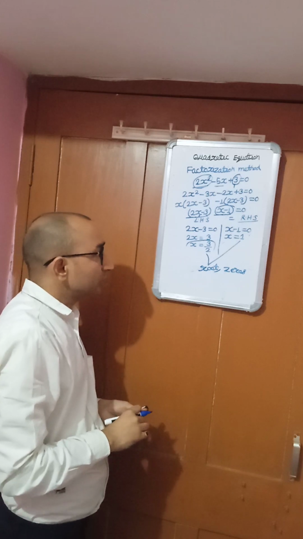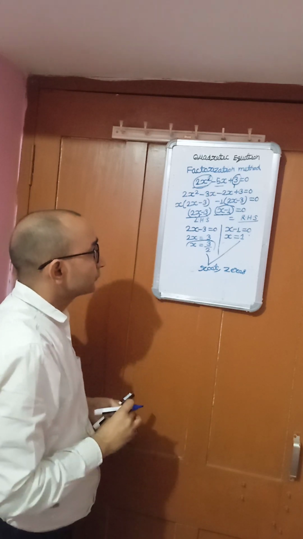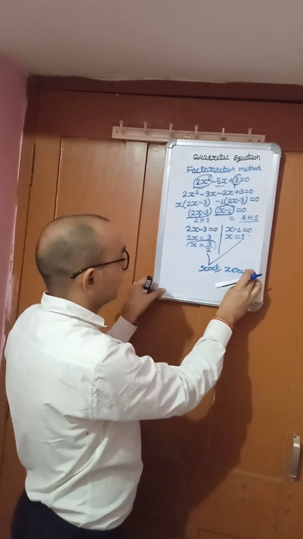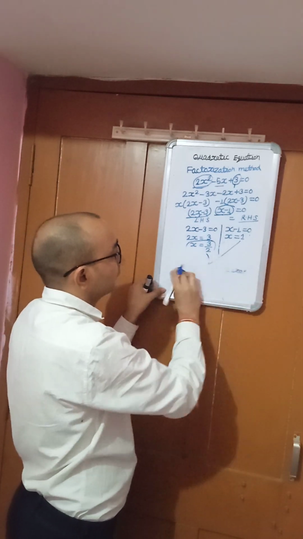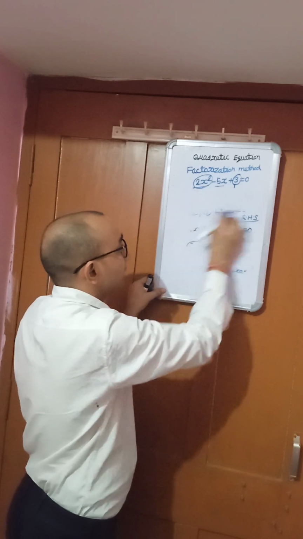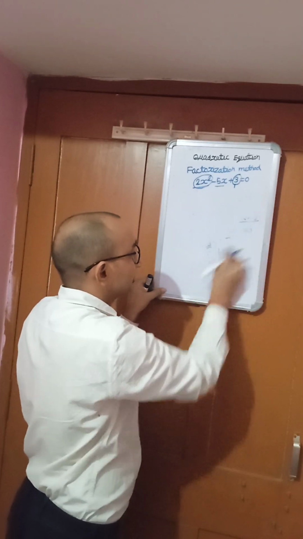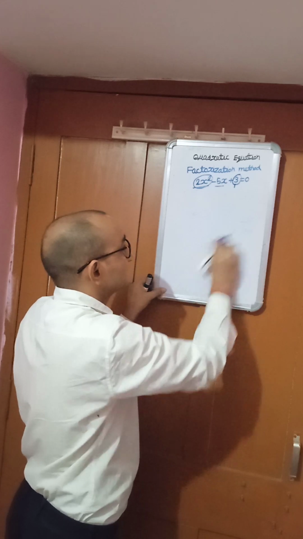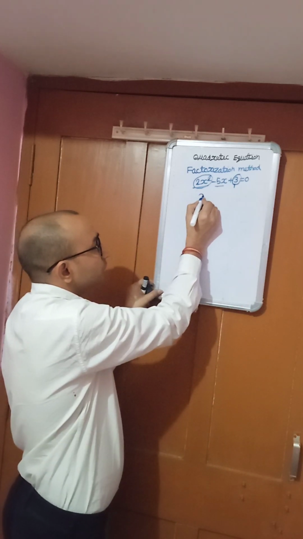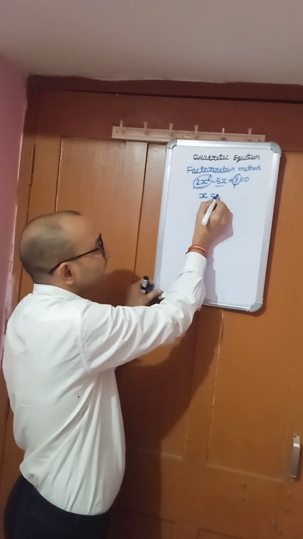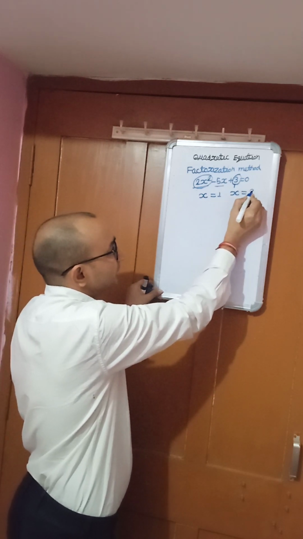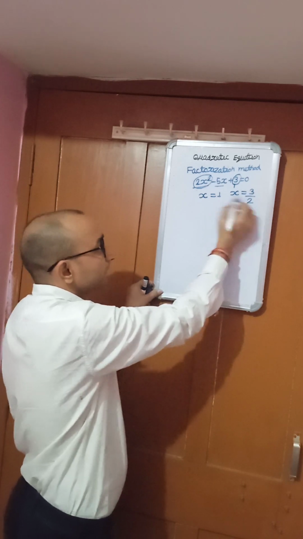And one more thing I want to explain here. One very important concept involved here. See here, x equal to 1 and x equals to 3 by 2 are the solutions of this equation.